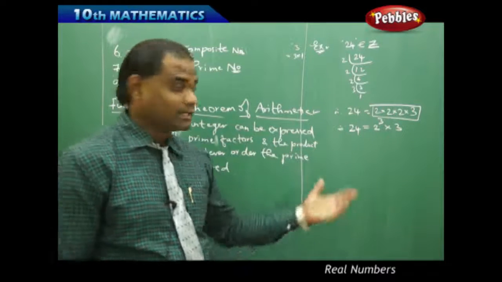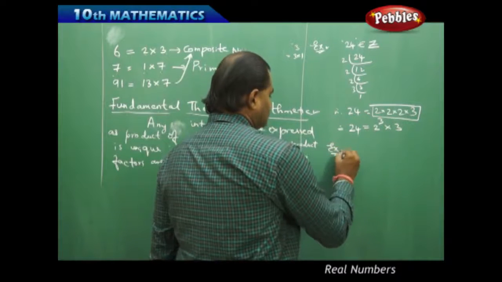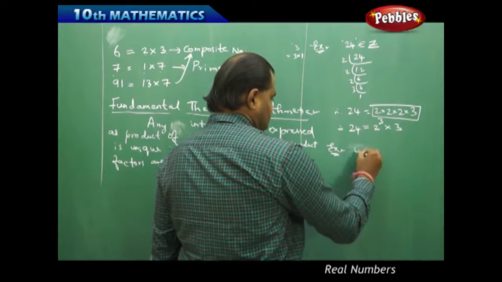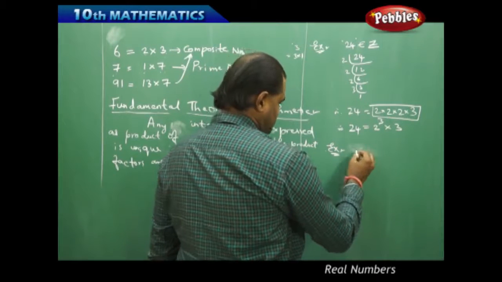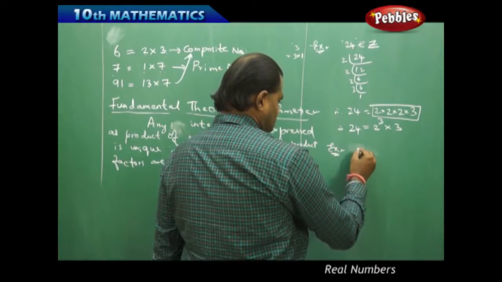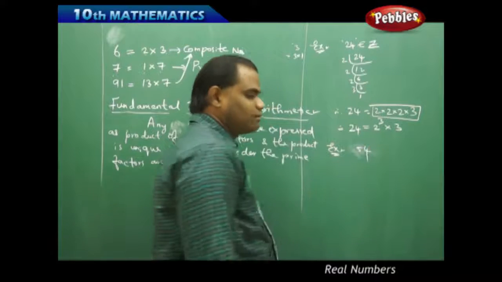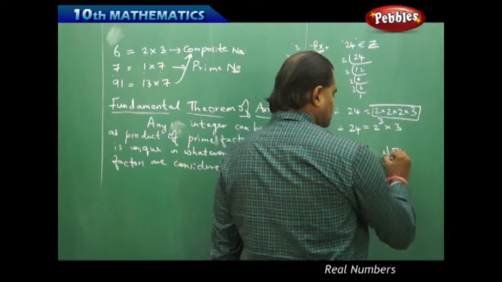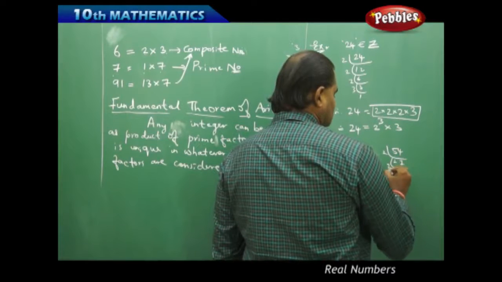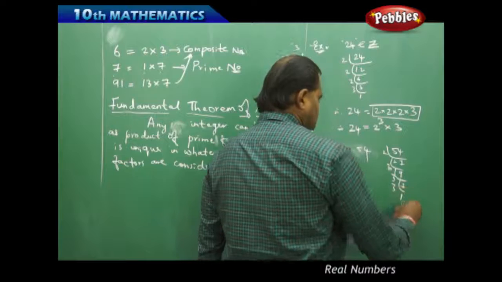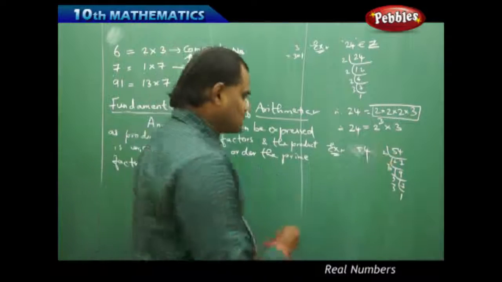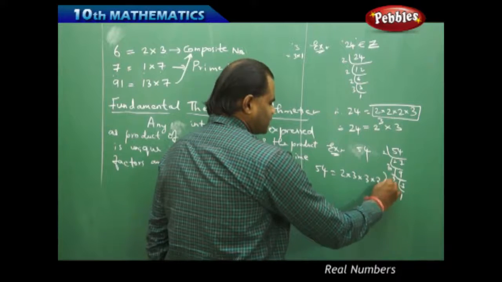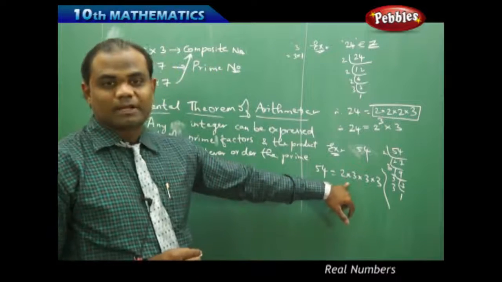To support with one more example, let me take 54. So I have the number 54, which can clearly be expressed as 3 times 3 times 3 multiplied with 2.